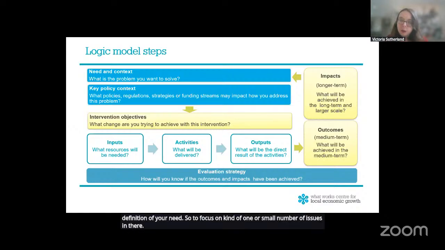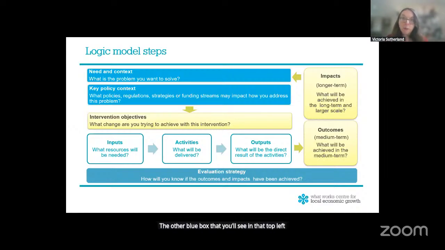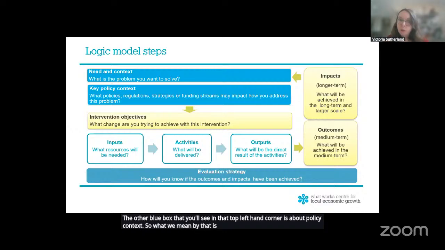The other blue box that you'll see in that top left-hand corner is about policy context. So what we mean by that is, what are the current policies or strategies or funds that are going to support you in addressing that need?